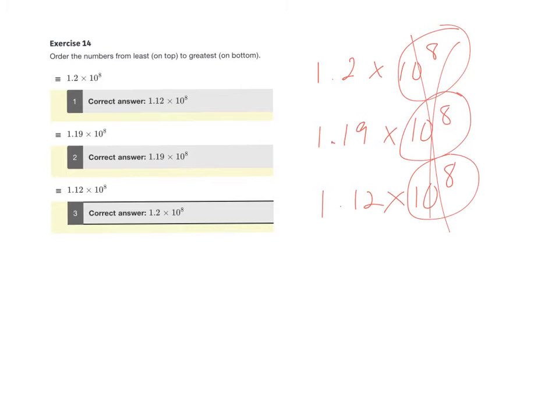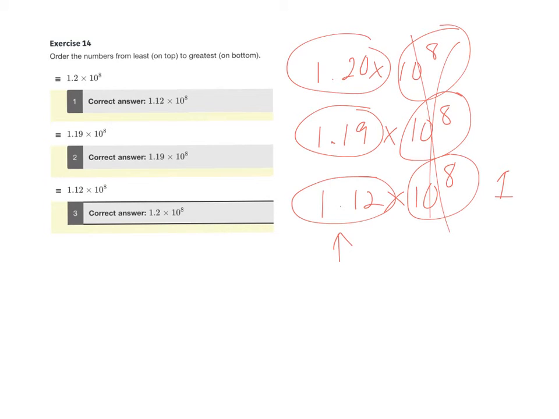So the least one. I would like to think of this in terms of money. So let's just put a 0 on there. What is the smallest amount? $1.20, $1.19, or $1.12? And the answer is $1.12. So 1.12 is going to be at the top, we'll put that in first place.